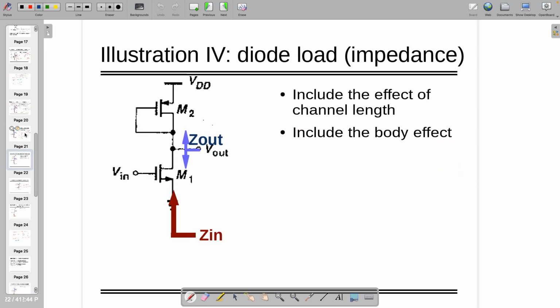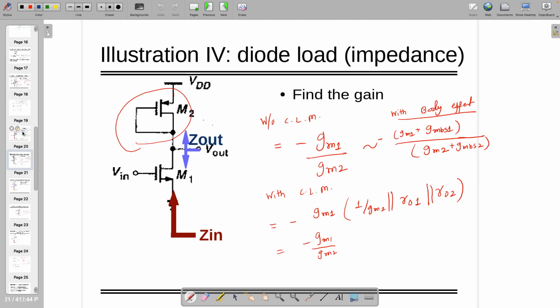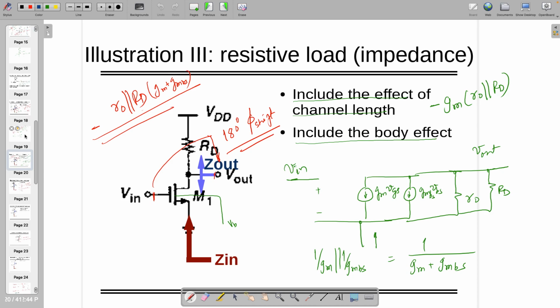The important thing which we have to understand over here is that all three are different amplifiers. Looking into the input, it's infinity. Looking at the output, it's RD in shunt with ro1. If RD is a very high number, let's say above a kilo ohm, then the output impedance is also high, and you can call this a voltage controlled current source, right?